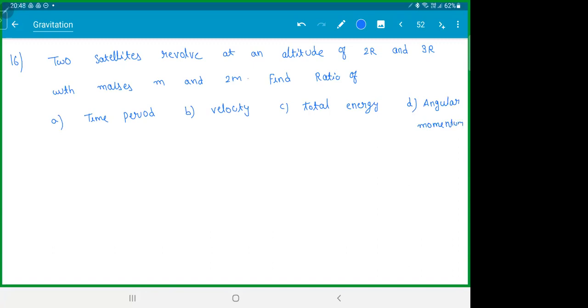So we have two satellites revolving at an altitude of 2R and 3R with masses m and 2m. Find the ratio of time period, velocity, total energy, and angular momentum.